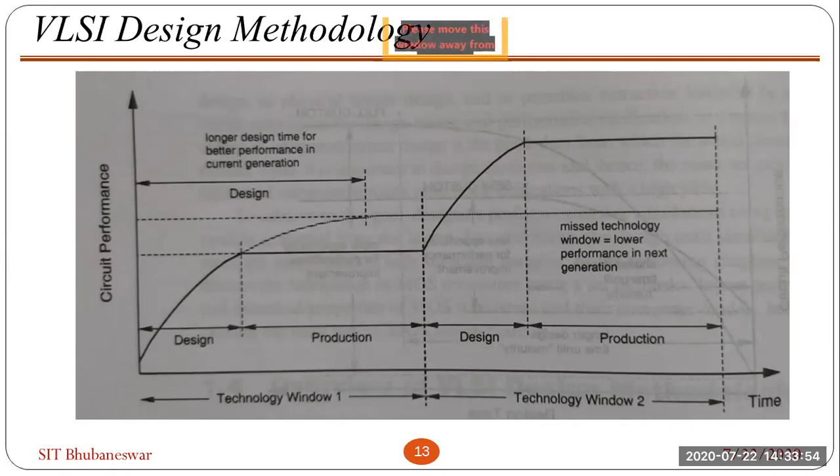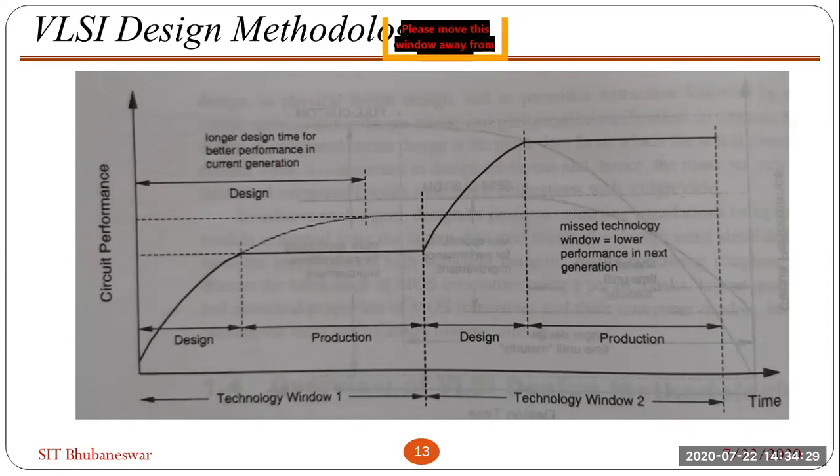You have to complete all the design and testing within this time. Then the production time is for fabrication and marketing. Once you complete the design phase, you go for production, then you market that this is our product, the advantages and features, the power consumption, everything, and then the chip will be sold. This is the first window.